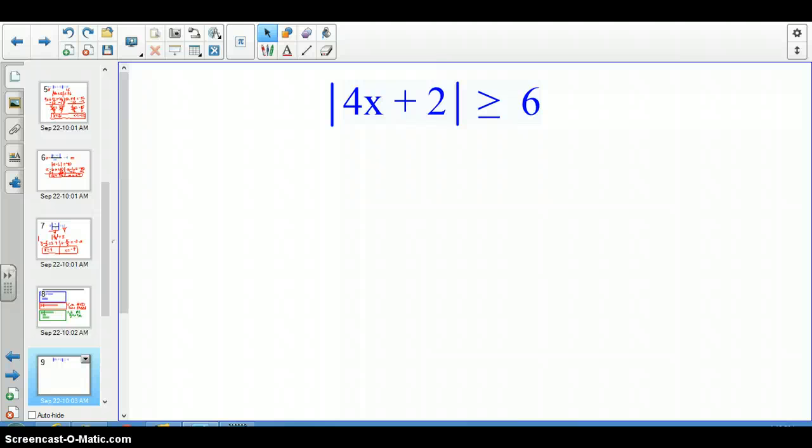Okay, so let's try this first one. 4x plus 2, that's all in absolute value, greater than or equal to 6. So I'm going to still start it the same way. Is there anything in front? No. Anything underneath? Anything behind it? No. And the number on the other side is positive. So I'm going to set up my two inequalities.